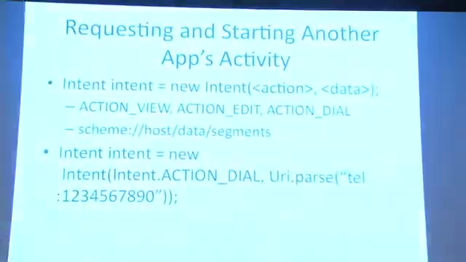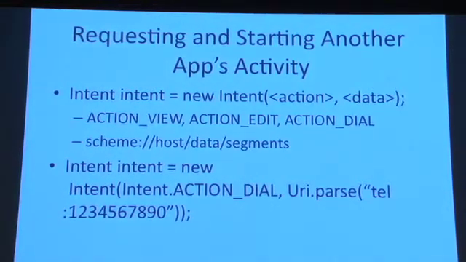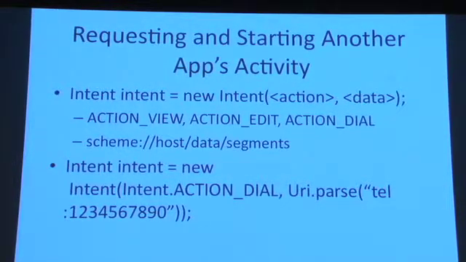So right here, we have intent equals new Intent, and that is all the same, but instead of having the package context and the next activity as the parameters, we have different actions and the data that we're going to be sending over. One example is ACTION_DIAL, and this will bring you to the actual dialer of the phone. It doesn't actually call the person yet, but you see some data there.